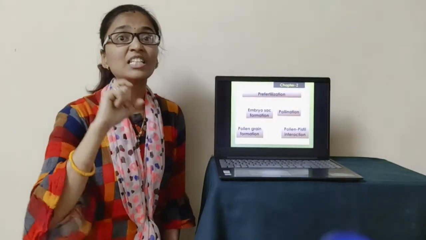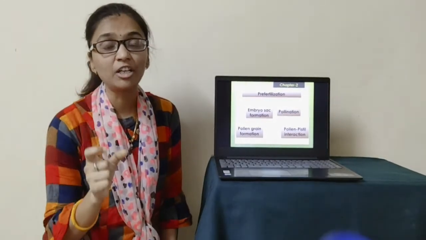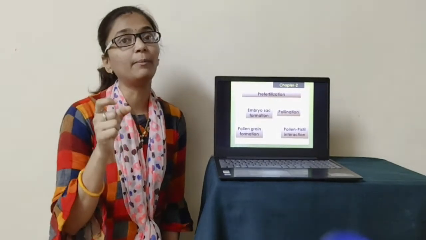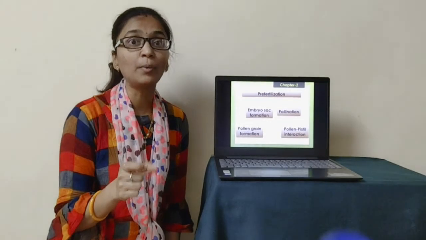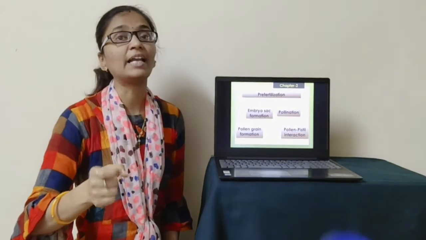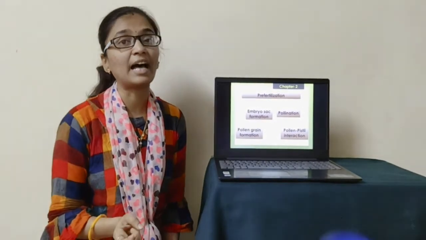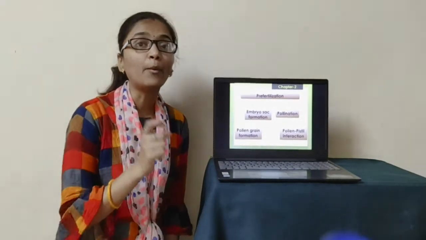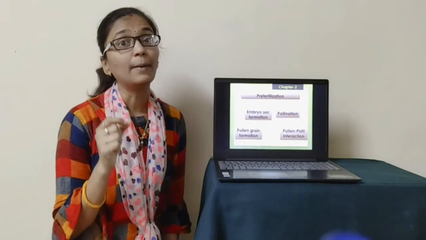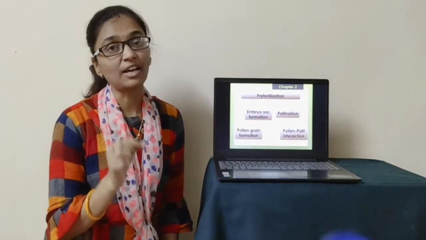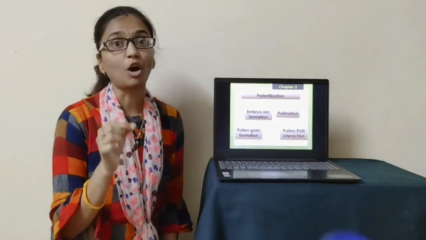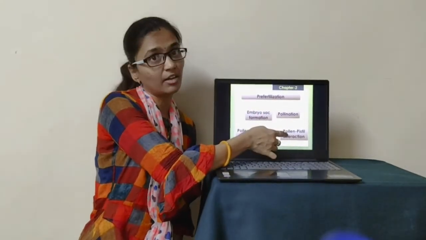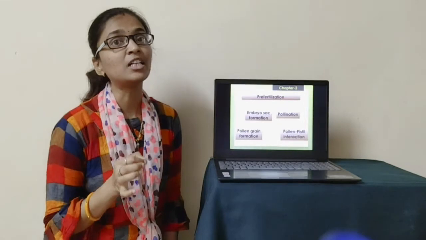When it sticks on the stigma, what will the stigma do? It will secrete a chemical through which the pollen tube will be formed. This pollen tube will pass through the style and reach the micropylar end of the ovary. This interaction is known as what? Pollen-pistil interaction. Pistil means what? Pollen interaction with the female part of the flower. So, this pollination and the pollen-pistil interaction we will study in gamete transfer.